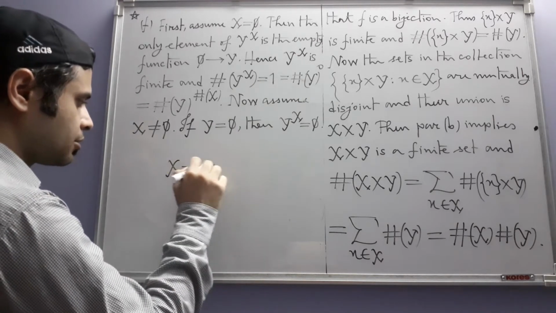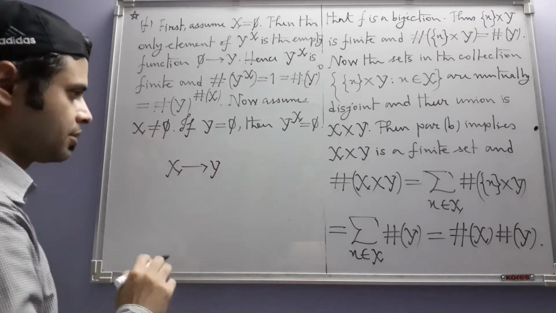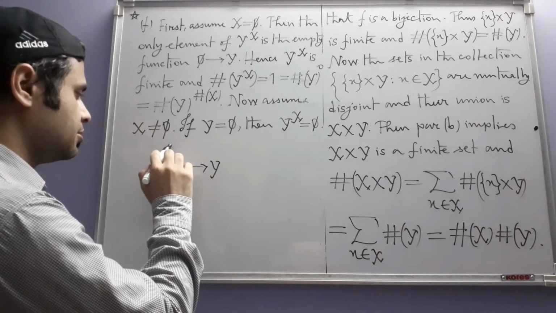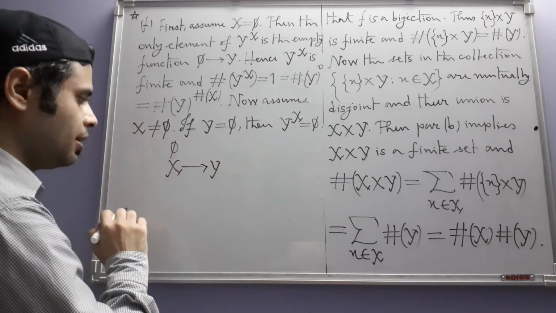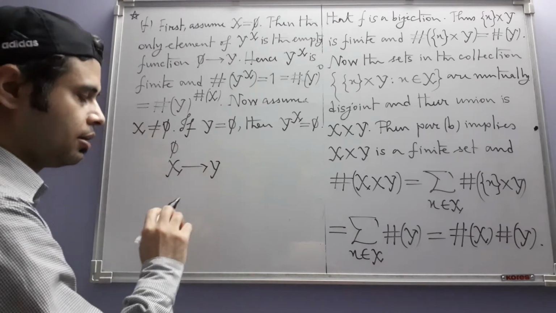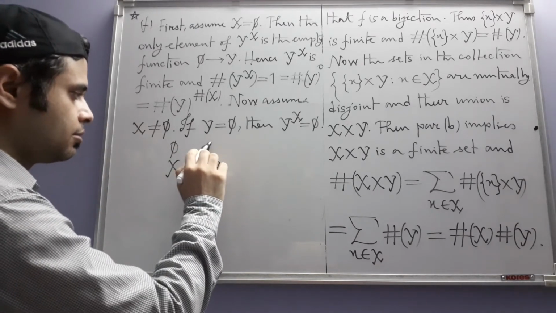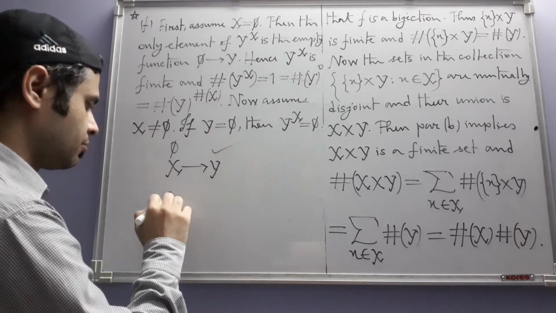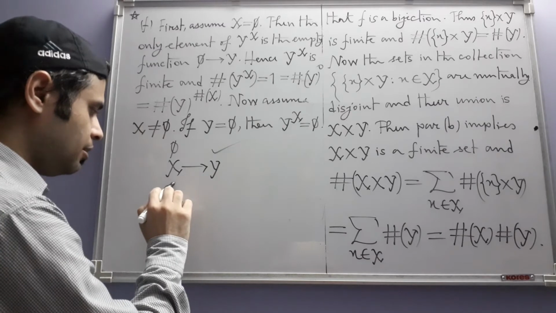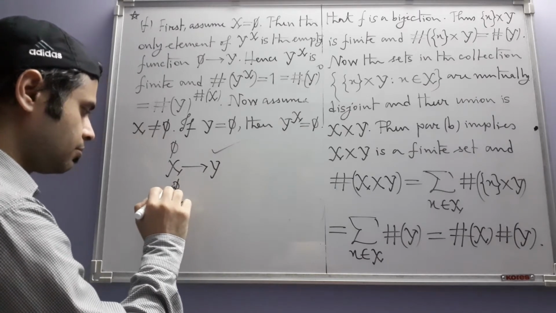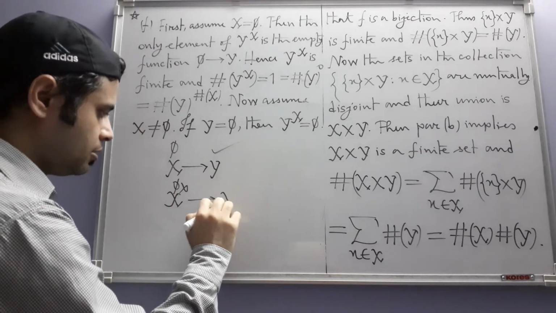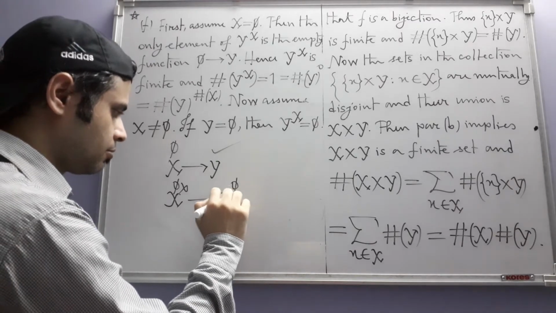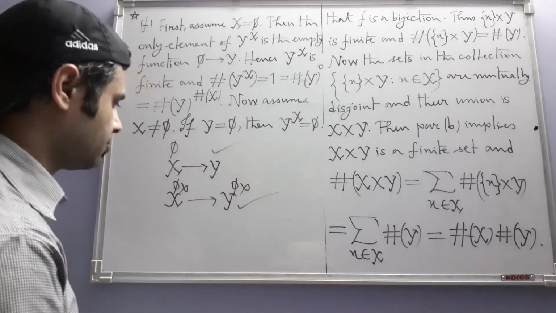You have a function from x to y. There are several possibilities. Domain is empty, codomain, range is empty or non-empty. That is allowed. Domain is non-empty, range is non-empty. That is also allowed.